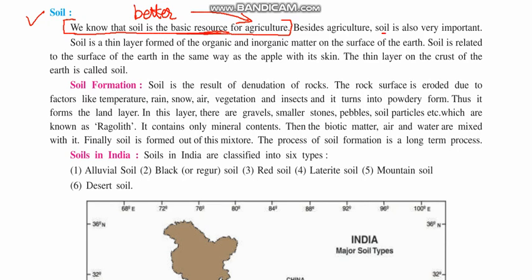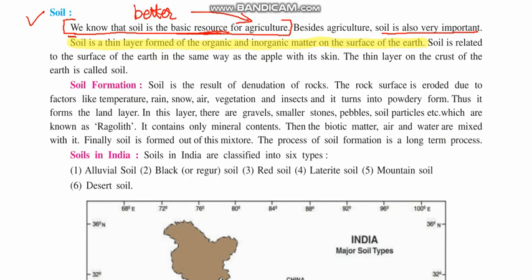Besides agriculture, soil is also very important. Now what is the definition of soil? Soil is a thin layer formed of organic and inorganic matter on the surface of the earth. This can be the definition of soil.